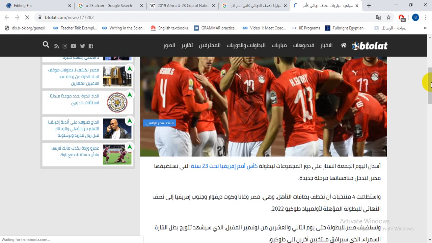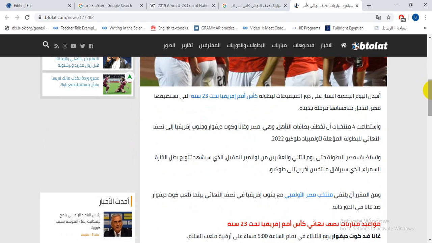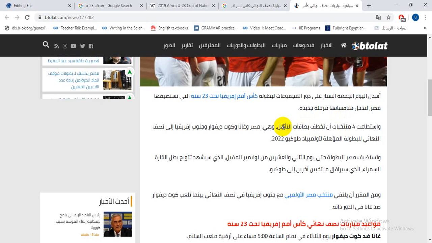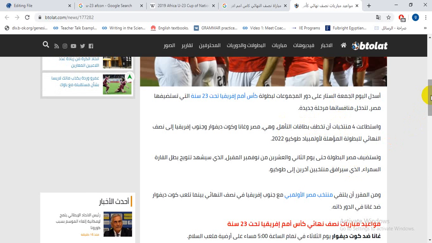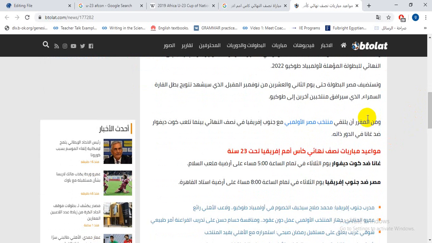So here it's natural because people who are writing using Arabic in this domain, in this field, use this. For example, let's read this to enhance my vocab competence about this part. أسدل اليوم الجمعة الستار على دور المجموعات لبطولة كأس الأمم التي تستضيفها مصر تدخل مرحلة جديدة، واستطاعت 4 منتخبات أن تخطف بطاقات التأهل هي مصر وغانا، وتستضيف مصر البطولة حتى 23. ومن المقرر أن يلتقي منتخب مصر في نصف النهائي.